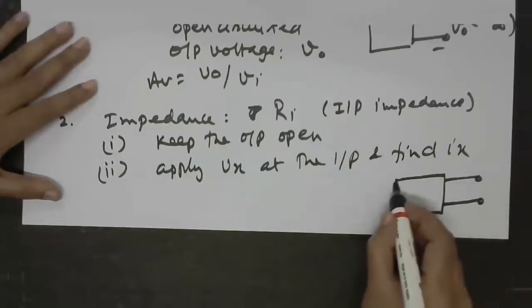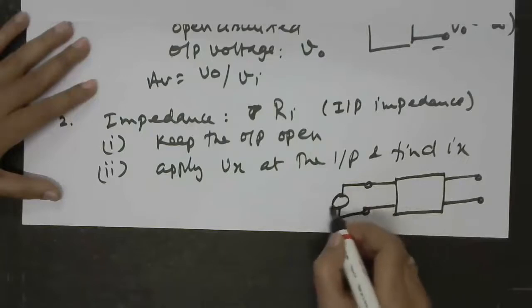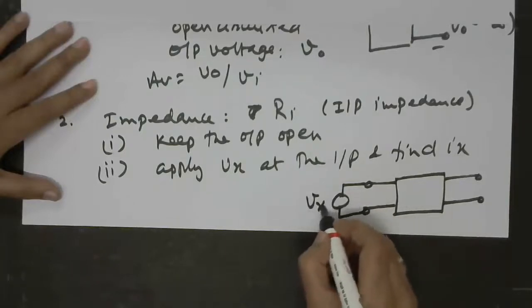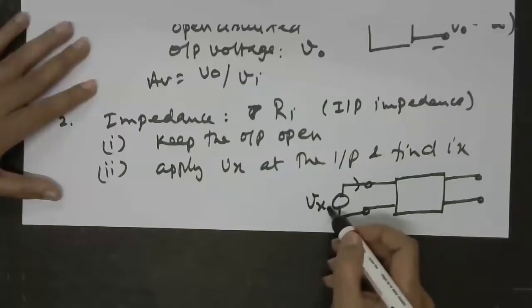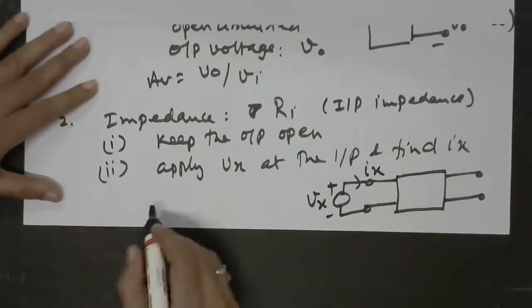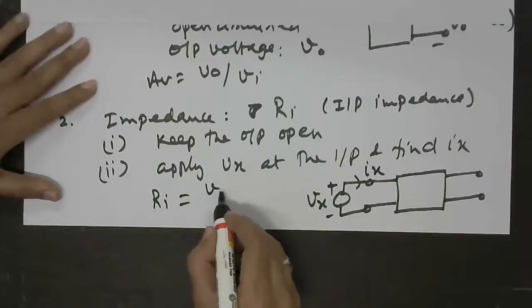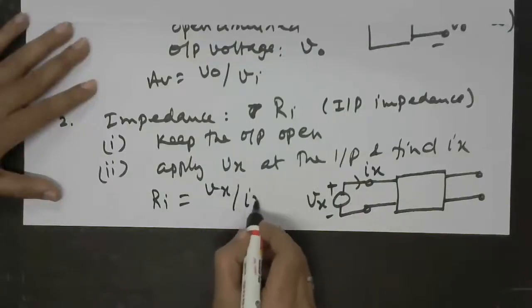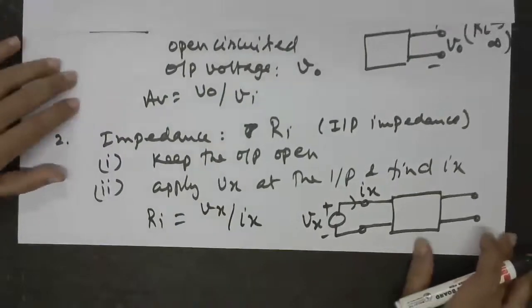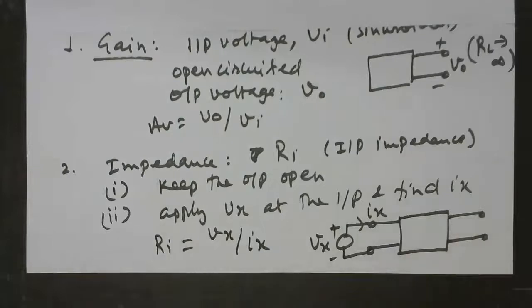You keep the output open. On the input side, you apply any voltage. You can take a 1 volt source also and then find out how much Ix it is applying. Then your Ri or Zin in general is going to be Vx by Ix. So this is for the input impedance.